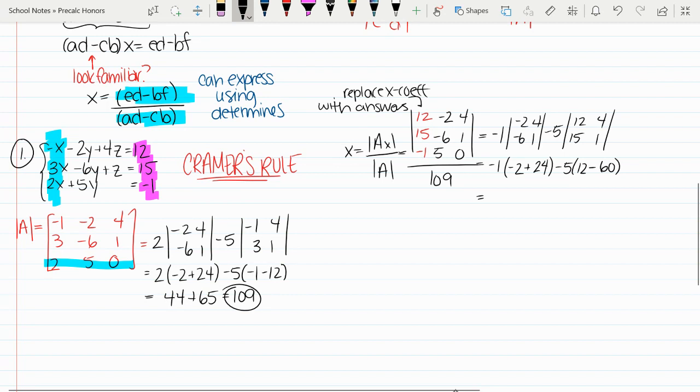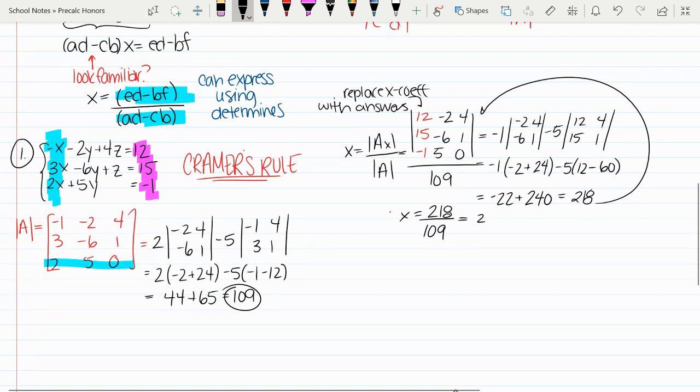This is where we could make silly mistakes. Looks like I'm going to have negative 22. This will be 48 times 5. Again, you can use your calculator to help you out, but should be 240. So I should get 218. Now that was just for my numerator. So don't forget, we're still dividing it by that original coefficient, and that's beautiful because we will get x equals 2.